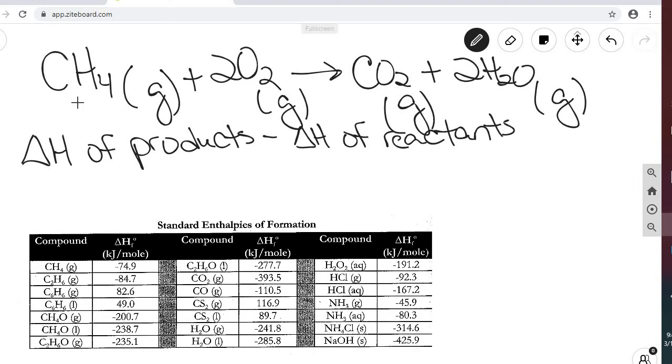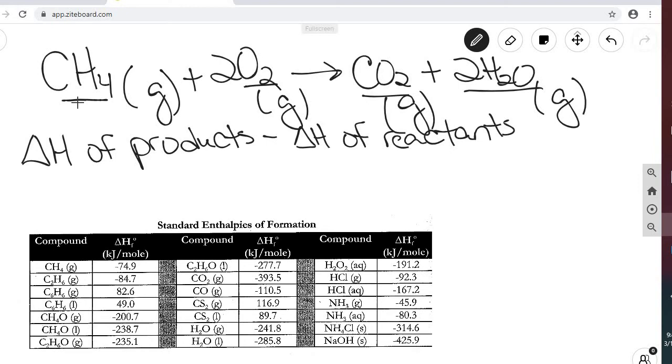For this particular chemical reaction, we would take the delta H of the CH4, then the delta H of the oxygen O2, and we would remember that that's 0. Then we would find the delta H of CO2 in its gas phase, and the delta H of water in its gas phase.